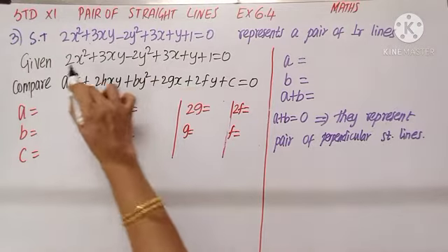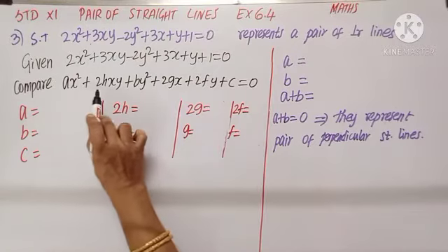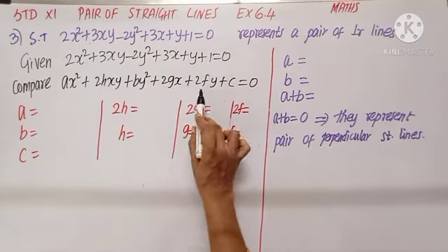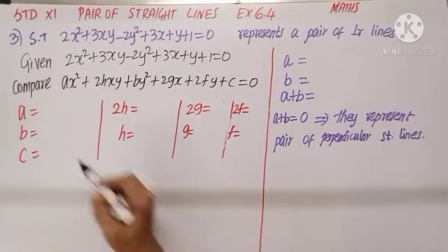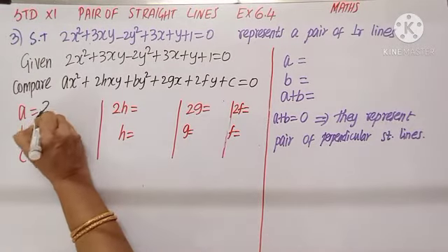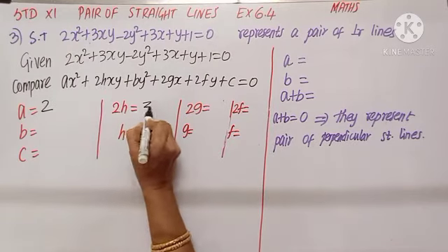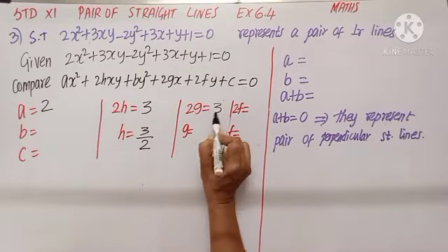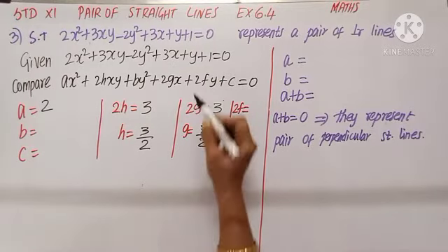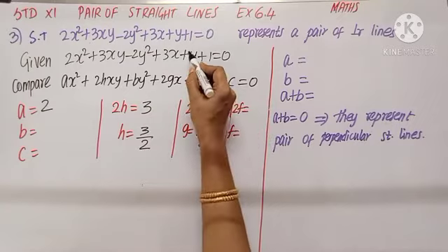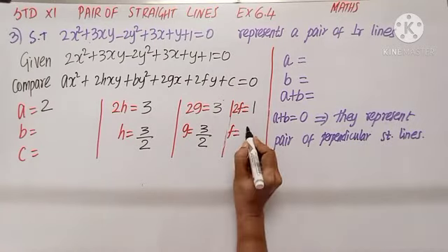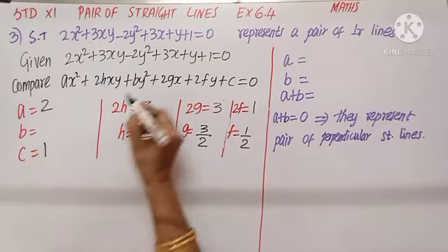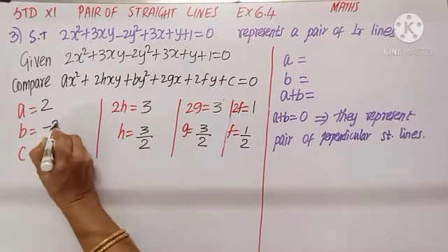Let us compare the given equation with ax square plus 2hxy plus by square plus 2gx plus 2fy plus c equals to 0. a equals 2, 2h equals 3, so h is 3 by 2. 2g equals 3, so g is 3 by 2. 2f equals, no number tells us 1, so f is 1 by 2. c equals 1. b equals minus 2.